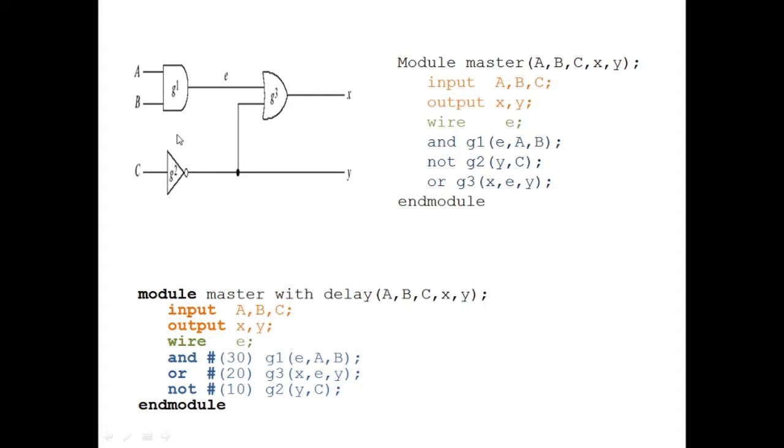So in that case, how to design your Verilog HDL program? I just keep this symbol for indicating it. This symbol indicates that certain delay is associated with AND gate, and this delay is associated with OR gate, and this delay is associated with NOT gate. Okay, so I will explain you about the gate delays in detail in the further slides.